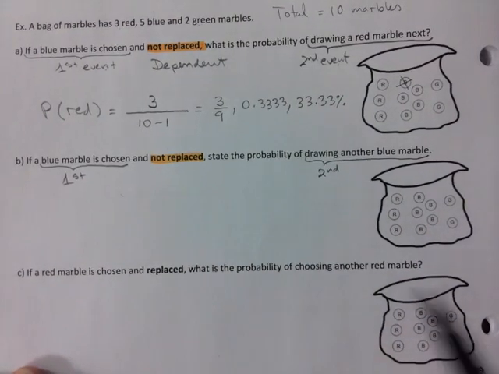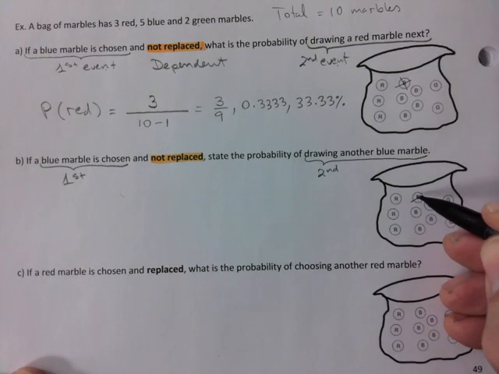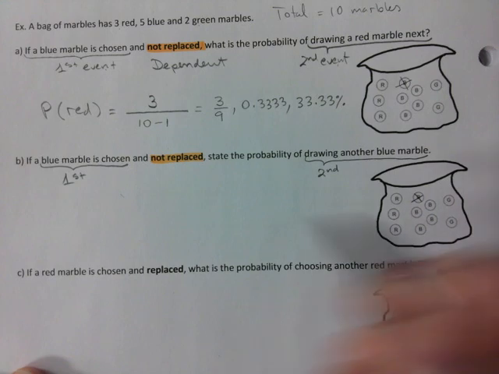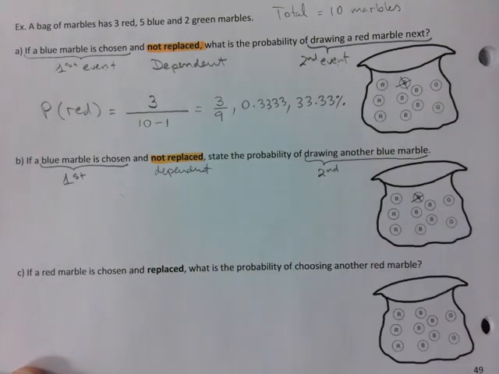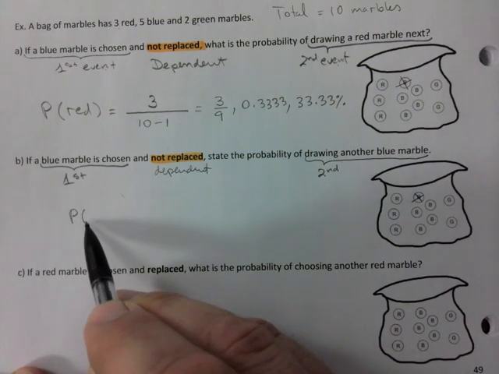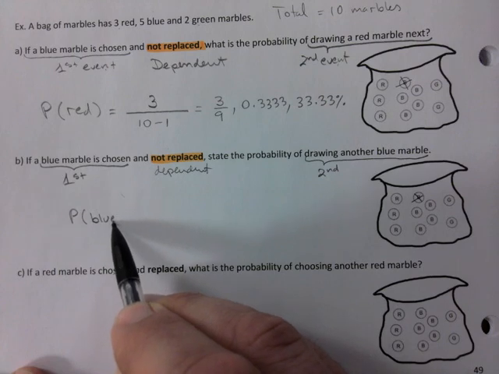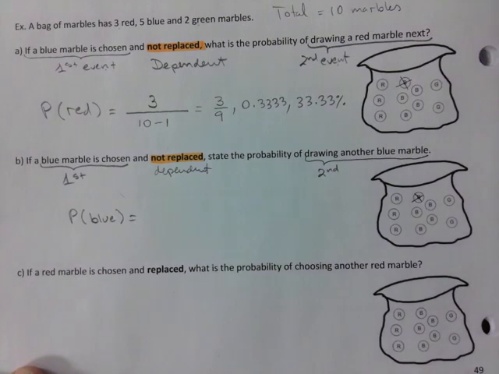So a blue marble is chosen and not replaced. So I can go and get rid of another blue here in this scenario. Let's go dependent again. So probability of blue, right? Watch what it says. Like, what is the probability of now drawing a blue one?